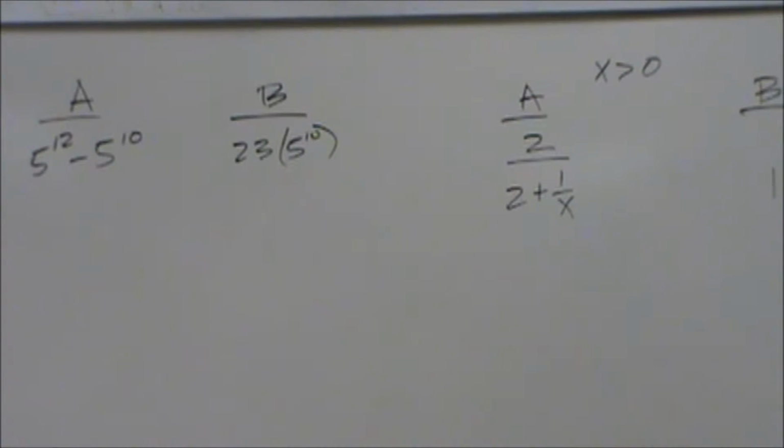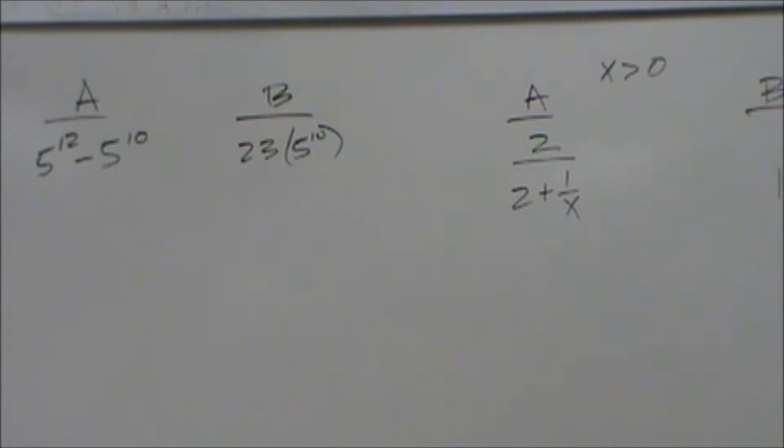Wait, for the first one? Yeah. The second one, B is bigger, but for the first one, A is bigger. I was just gonna guess B for the first one too.